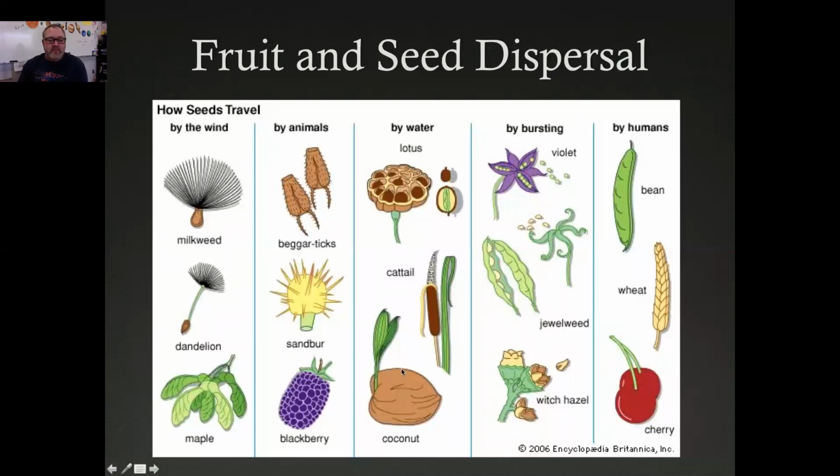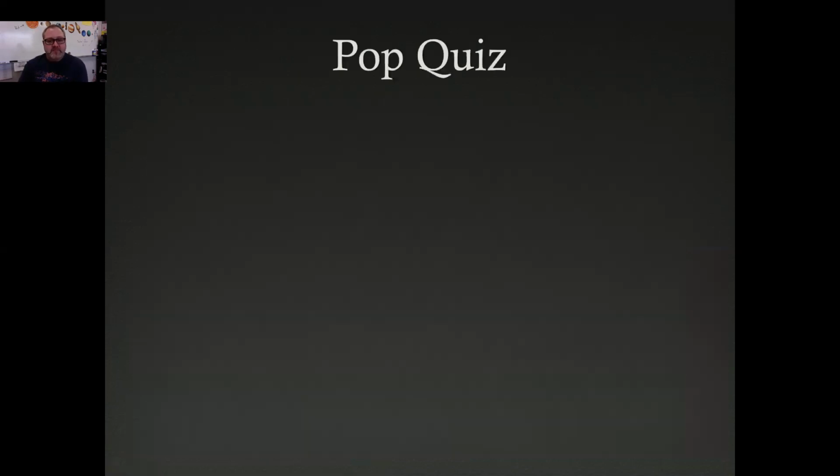Things like coconuts get transported by the wind and waves. An area where you have coconut trees is probably an island, and those coconuts can make their way into the ocean or the water system, go from one place to another, and eventually start to grow. So there are lots of different ways that they can be distributed.